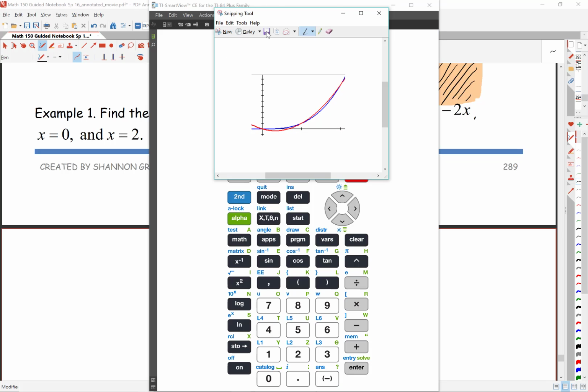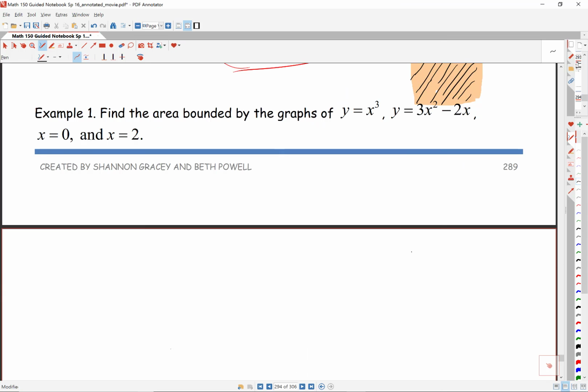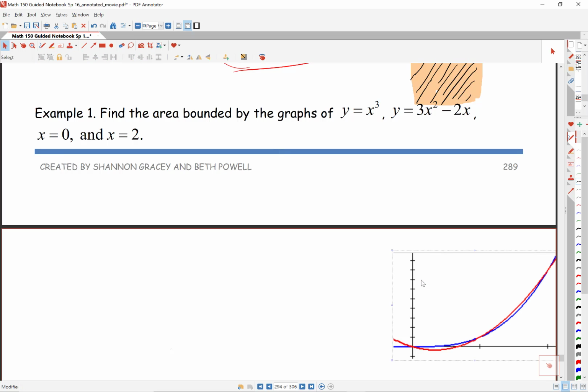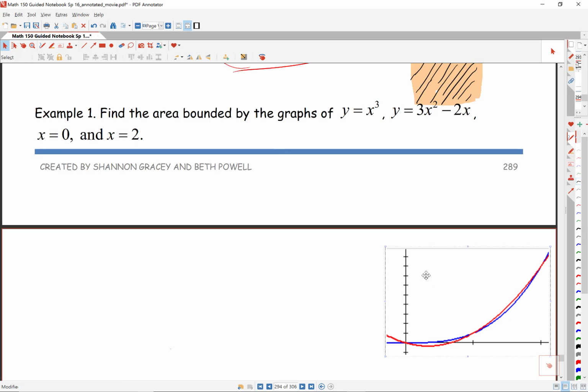So what we're going to end up having are two regions, it looks like. So before we label them, let's go ahead and find the limits of integration.